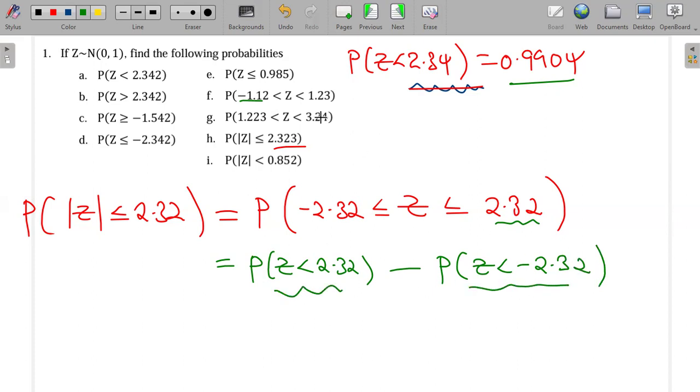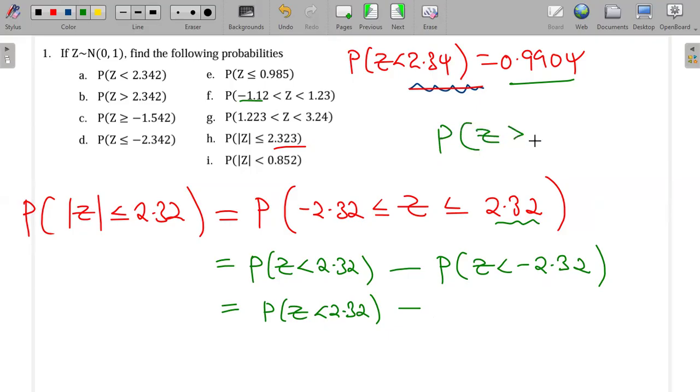But here I'll show you another property that you can use. I write this part the way it is, and then minus this one here. Since it's a negative, remember we said we can use symmetry. So by symmetry, this part is the same as the probability that z is greater than the positive of this.